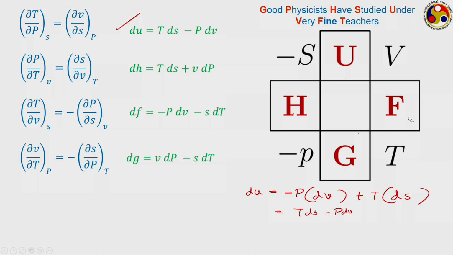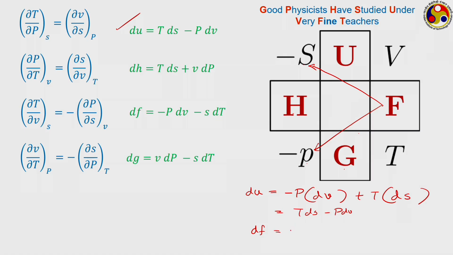Let us consider the F. If we want to write the expression of dF, then what will be your coefficients? To check the coefficients, go to the two corners which are opposite to this. So, this is one of the corners and this is the other corner. You know that these two will be the coefficients.